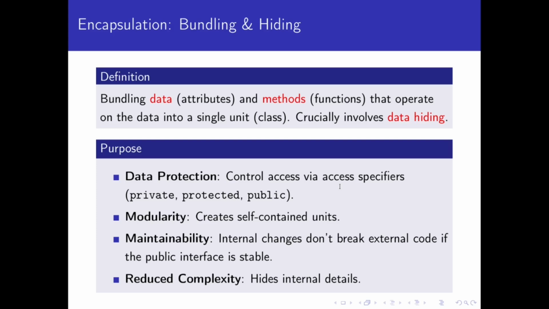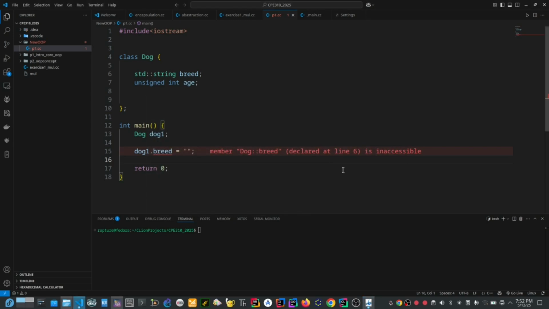Let's look at encapsulation. It means bundling data, attributes, and the methods or functions that operate on the data into a single unit, a class. Crucially, it involves data hiding. I'm going to demonstrate a sample of this later on as we progress. For data protection and control of access via access specifiers, like this, what we're unable to do here, we're able to achieve through the use of encapsulation.